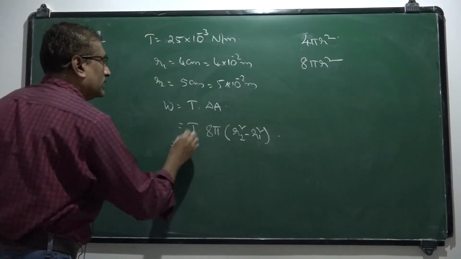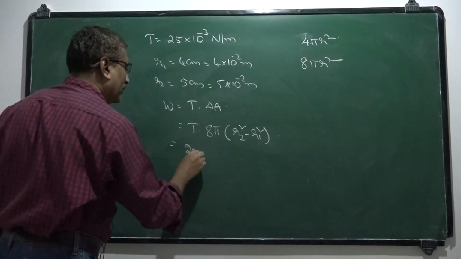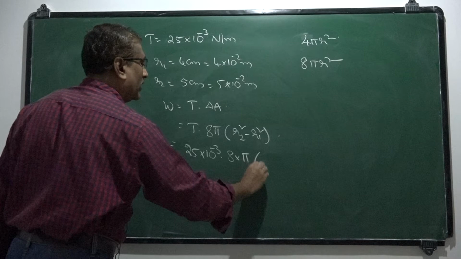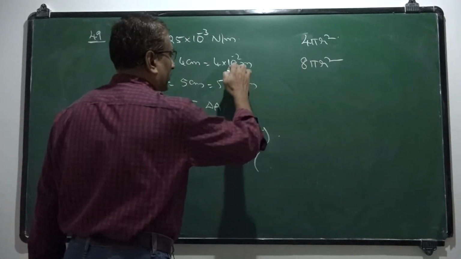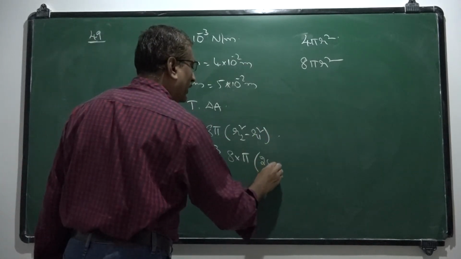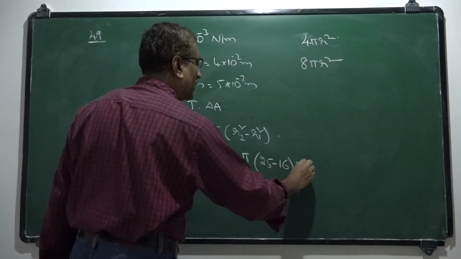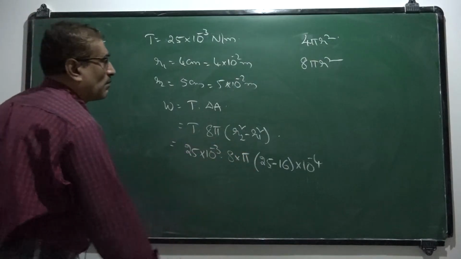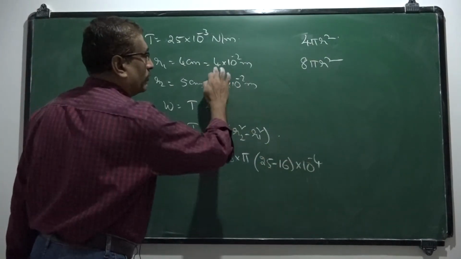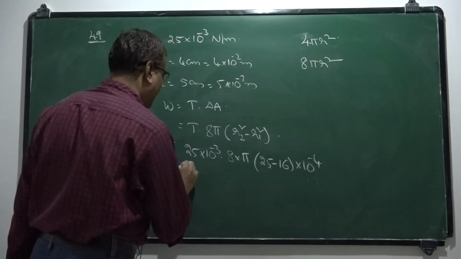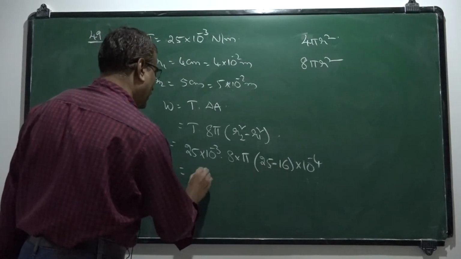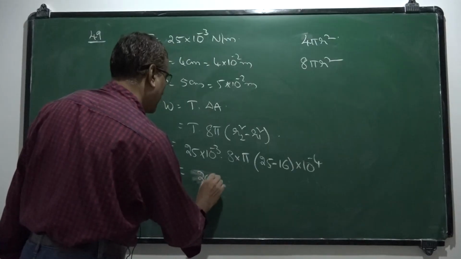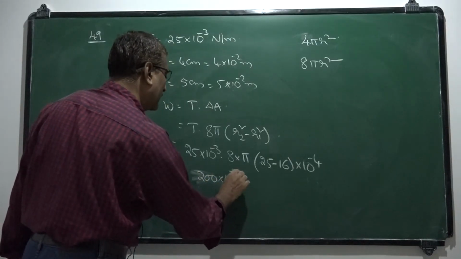So, this is 25 into 10 power minus 3 into 8 pi into this one, 25 minus 16 into 10 to the power minus 4. I am writing directly. 25 into 8 is 200 into 10 power minus 3 into pi.